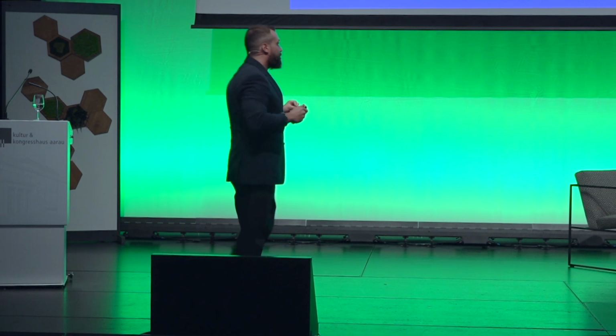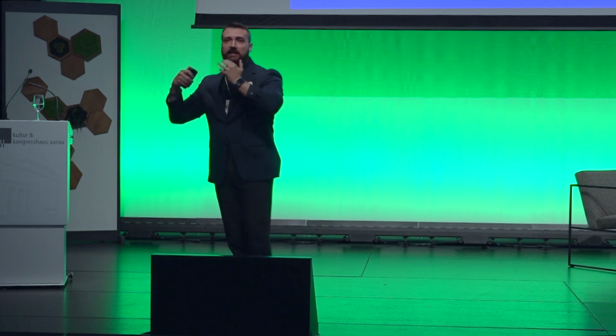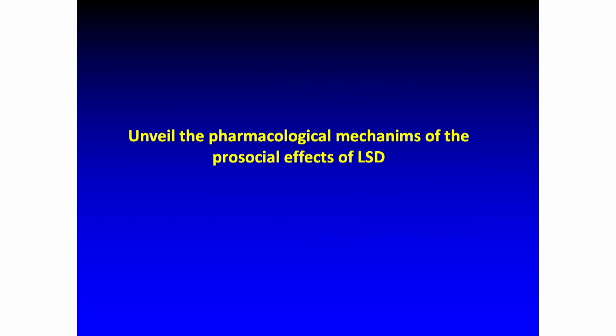We were very fascinated by those human studies, and as neuroscientists and basic psychopharmacologists, what we do in our lab is a back-translating approach. We start from the human data and try to back-translate to animals in order to understand which neuronal circuits are involved in the mechanism of action.